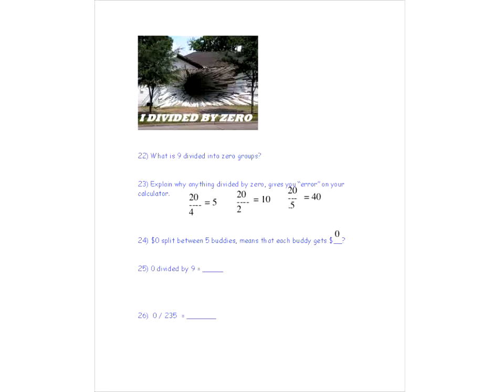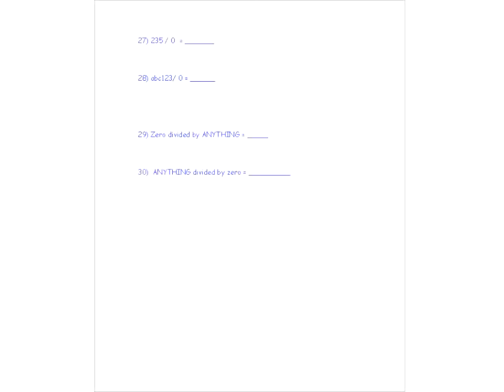Okay, so guys, 0 divided by 9, how much is that? That's 0, right? 0 divided by 235, too easy, right? 0. Okay, we'll go on to the next one. 235 divided by 0? Error. Beep. Error.